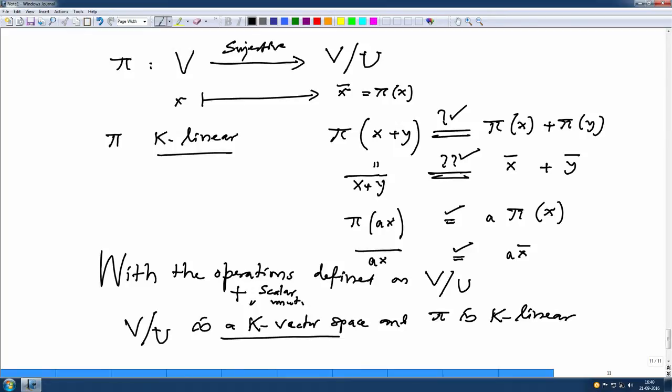This pi I will sometimes call the projection of V onto V by U.